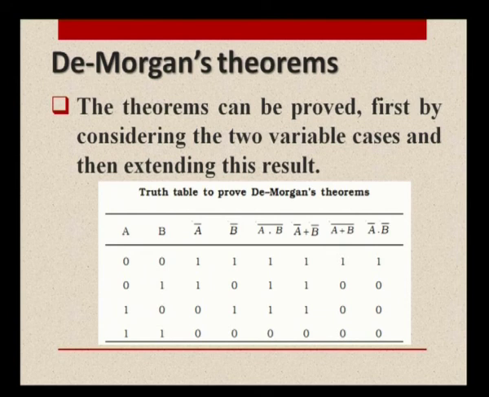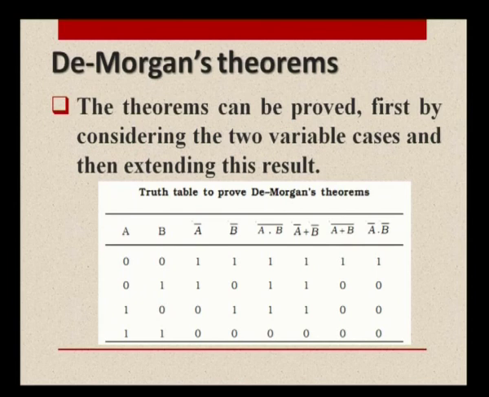These two De Morgan's theorems are very much useful for simplifying the logical expressions. We will devote one full lecture to simplifying the logical expressions. We will take some examples of various logical expressions and learn in that lecture how these De Morgan's theorems would be very useful in simplifying them.